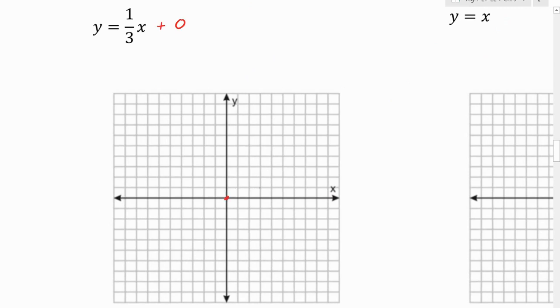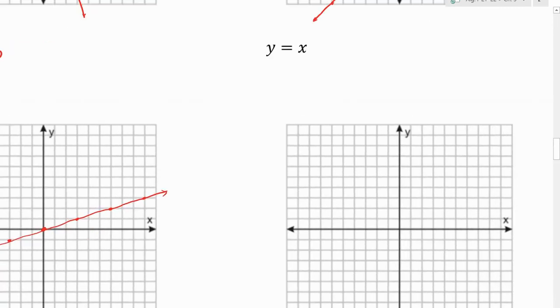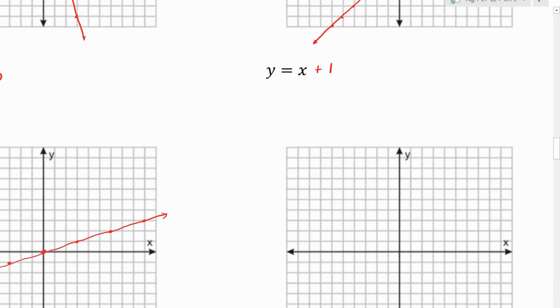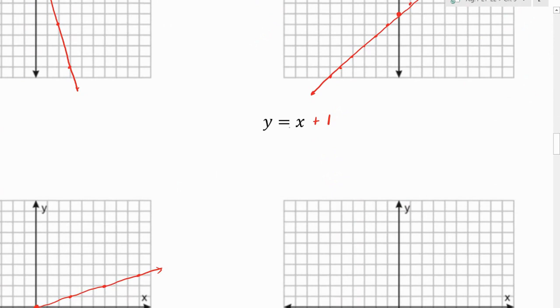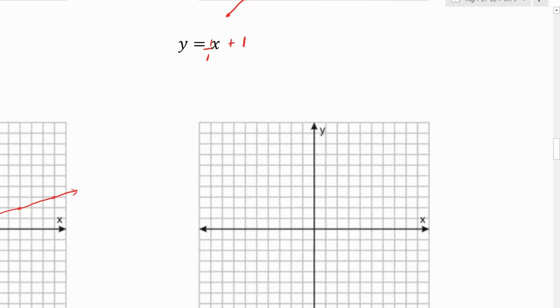So rise 1, run 3. Rise 1, run 3. Or else go down 1, back 3. There's that one. This one, I should have made one of those negative. Oh, well. So, oh gosh, what did I put, plus 1, plus 0.